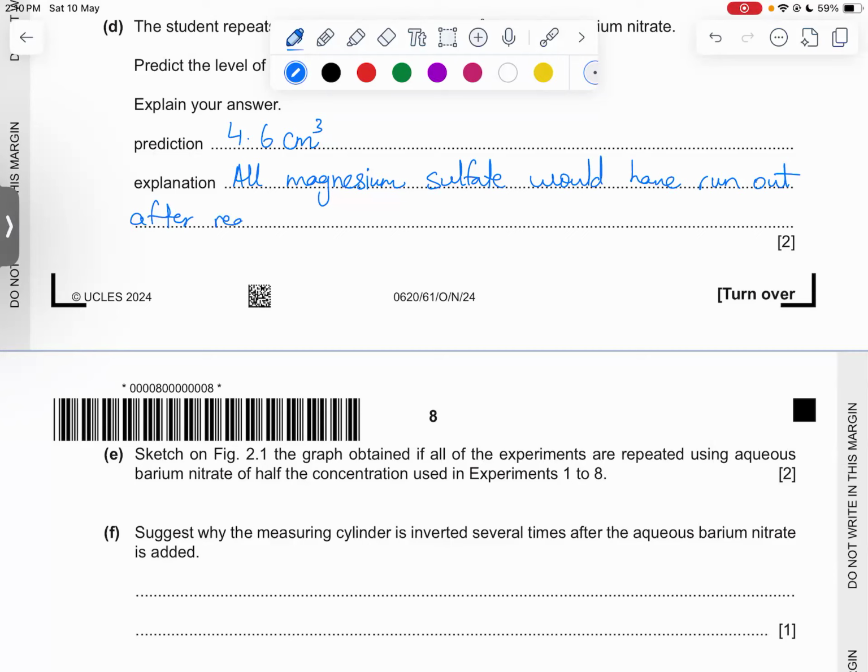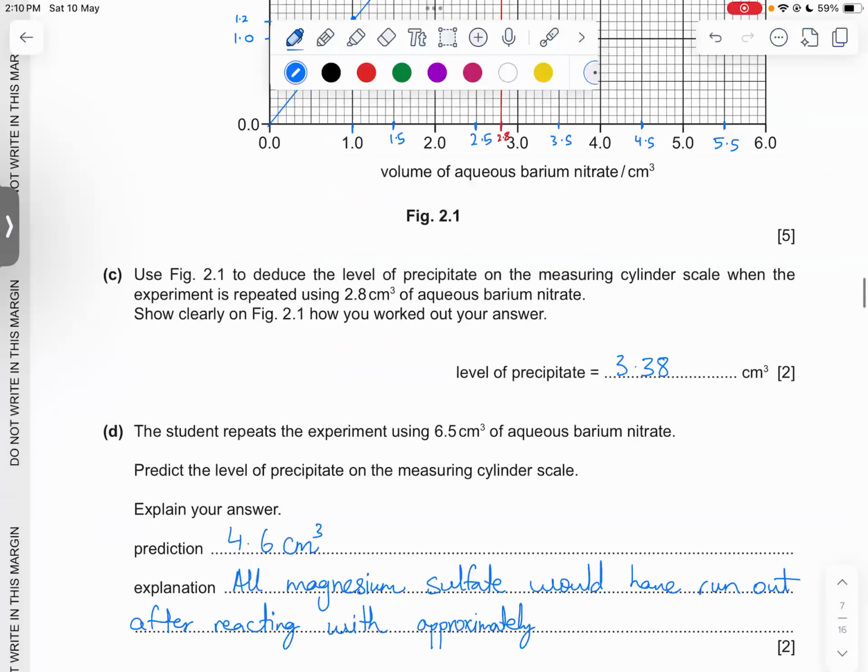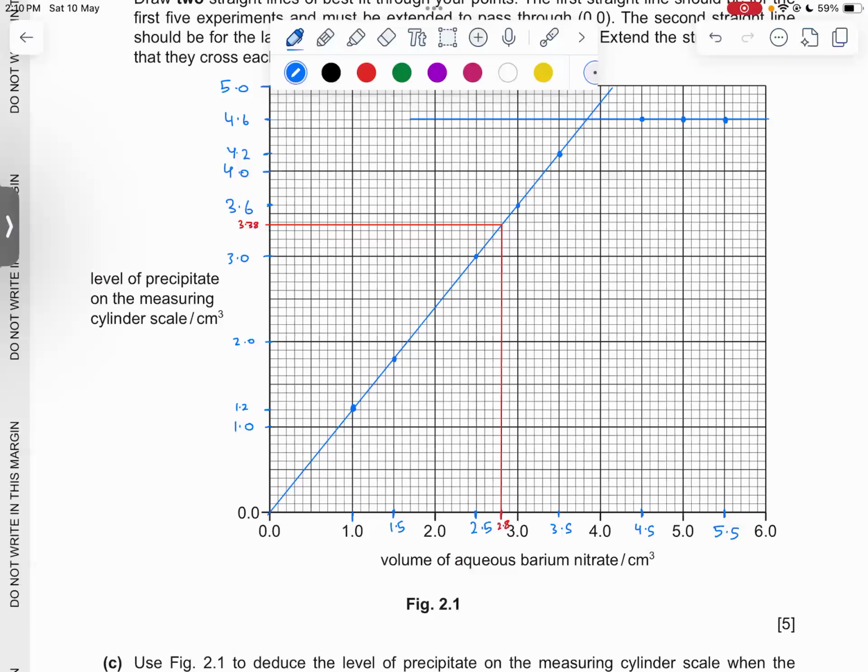Could you repeat? I did not understand. Reacting with approximately, beta, I will repeat once again. At what volume do we think that all the magnesium sulfate would run out?